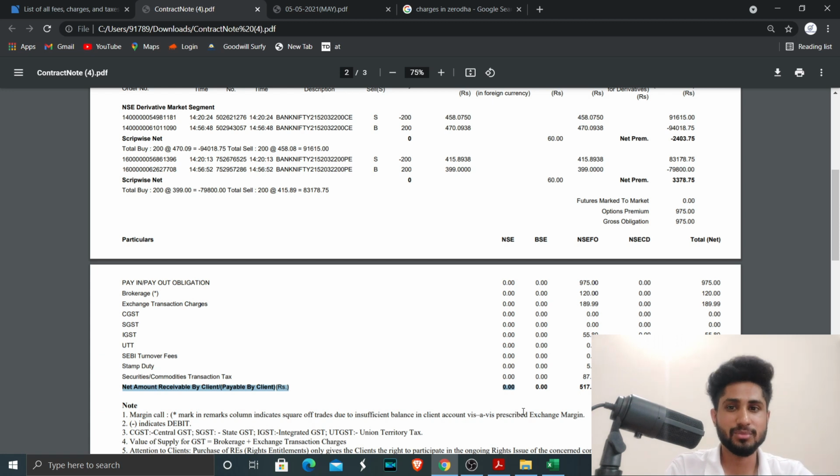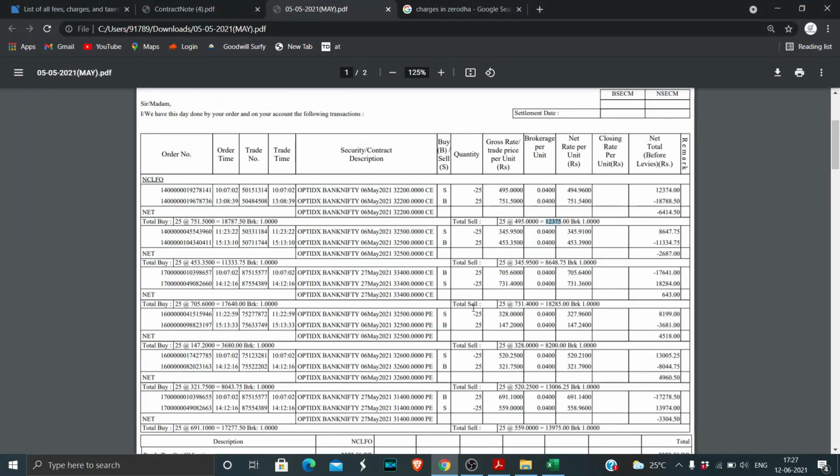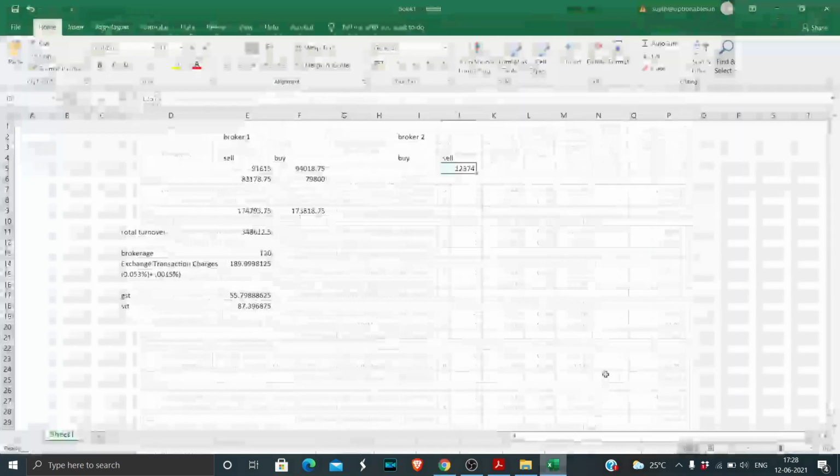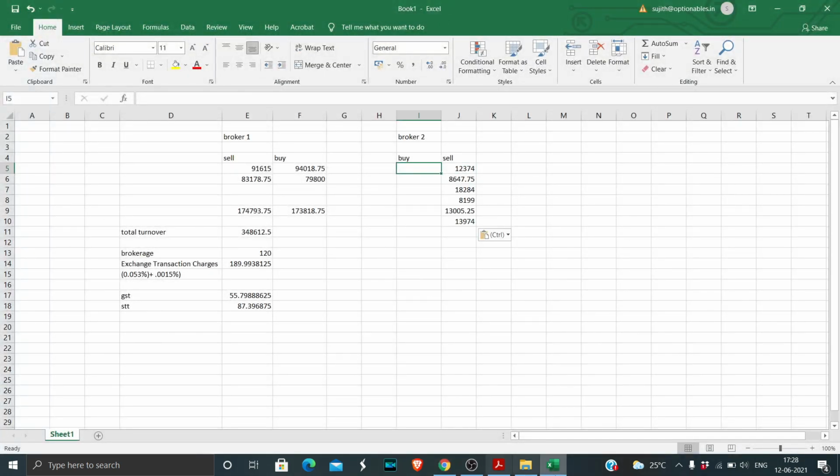Now I'll be showing you one more contract note, one more broker, wherein how much they charge and how they make money. So this is one more broker. I'll show you all the sell side premium and buy side. We have 1, 2, 3, 4, 5, 6 contracts. The sell side is the same thing. Then all the sells I'll put together, so it will be easy for us to calculate. Same with respect to buy.